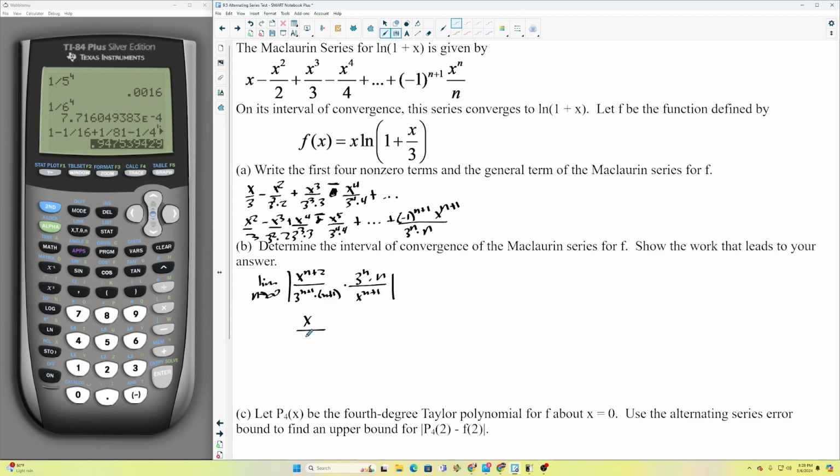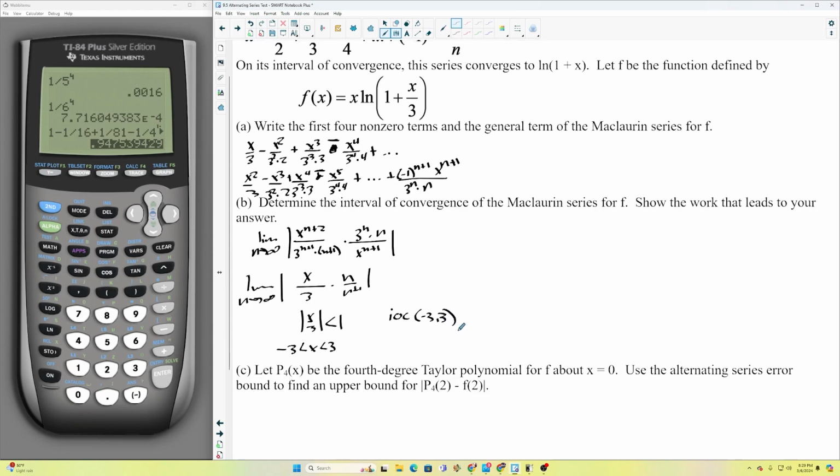So x over 3, limit as n approaches infinity, times n over n plus 1. So we need the absolute value of x over 3 to be less than 1. So negative 3 less than x less than 3. Interval of convergence is negative 3 to 3.